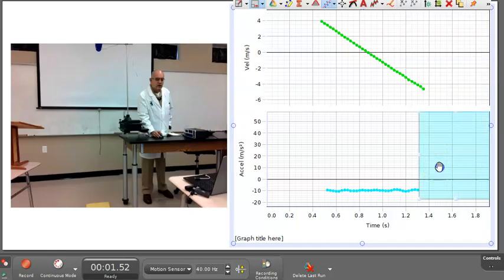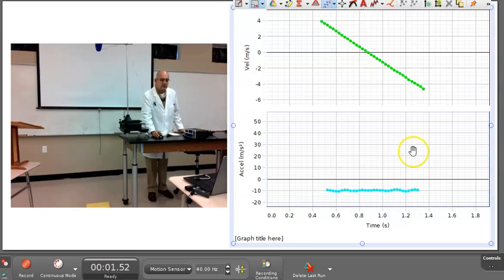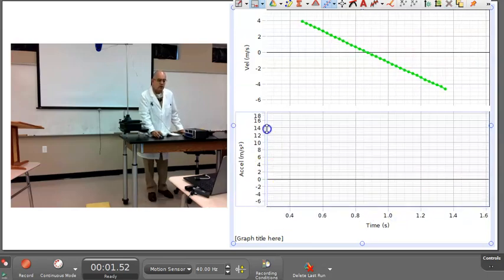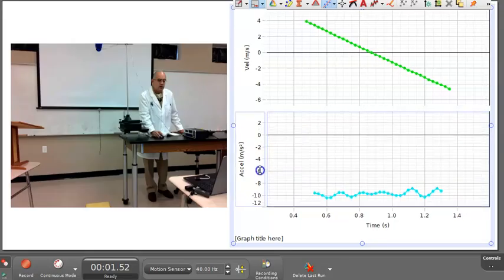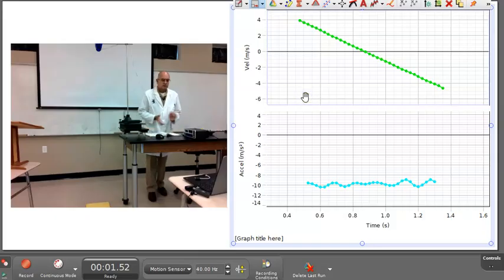All right, now let's get rid of the highlighter. Get rid of this highlighter and this highlighter. And now I can rescale my graph to show the motion of the ball. All right, there we go.